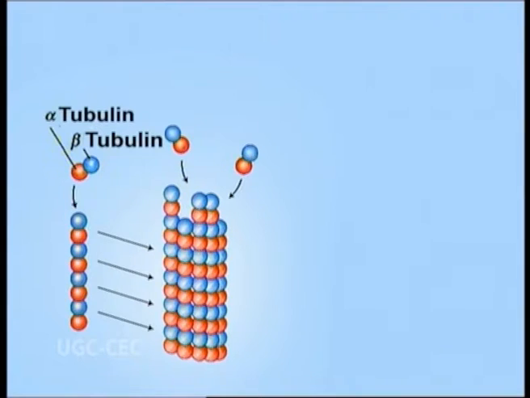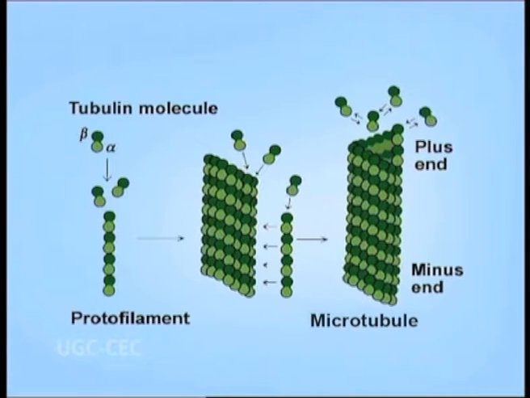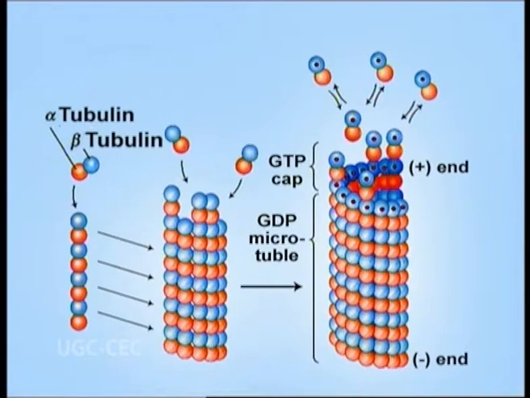The longitudinal contact between the ends of adjacent subunits links them from head to tail to form a protofilament. These are arranged in alternate alpha, beta, and so forth. All the protofilaments in the microtubule have the same orientation. One end is lined by alpha tubulin, whereas the other end is lined by beta tubulin.